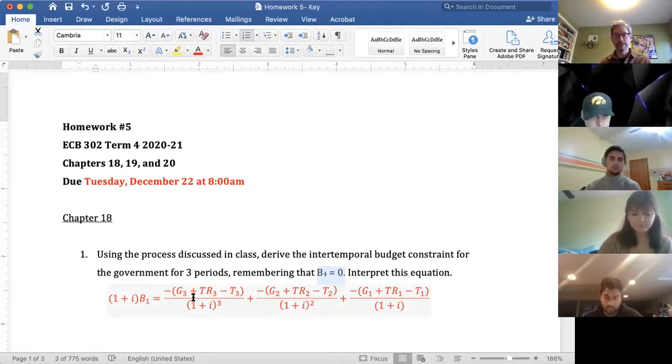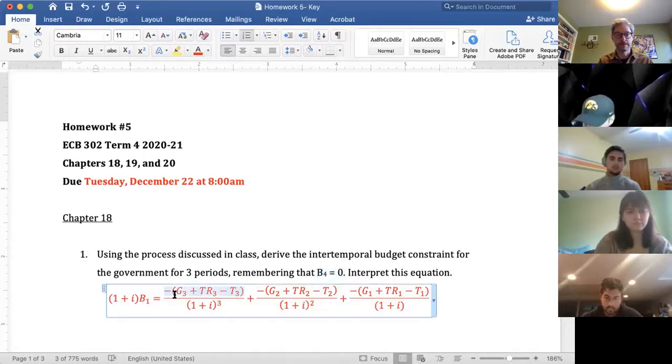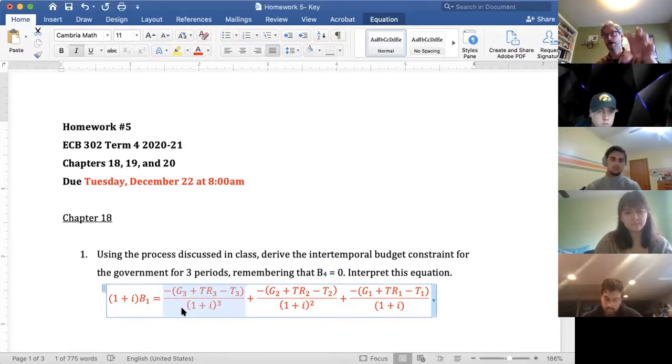So this is just like what we had before, except we have this extra term in here, and that's from the 3rd period. If you did this for the 4th period, you'd have the same equation with an extra term that includes the difference between the present value of revenue and the present value of spending.